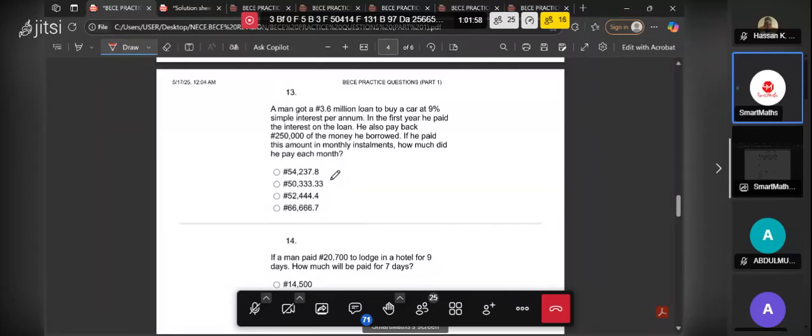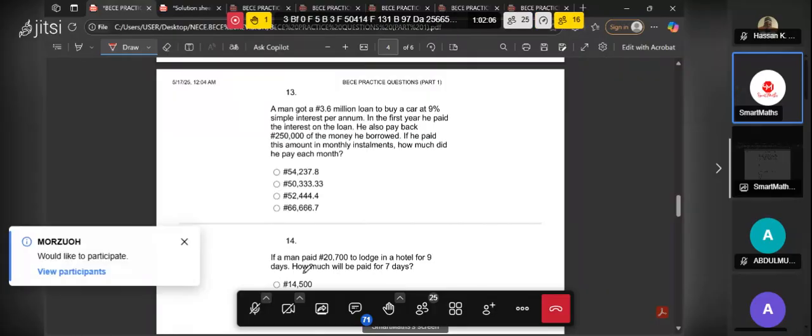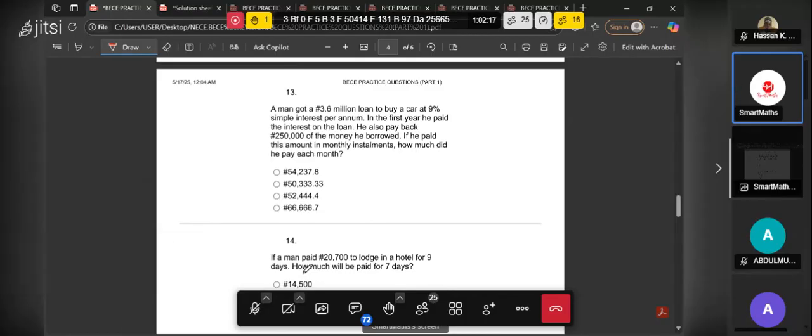If he paid this amount in monthly installments, how much did he pay each month? What we're going to do here is calculate the interest for 1 year. After that, we add that interest to 250. After that, we then divide it by 12.